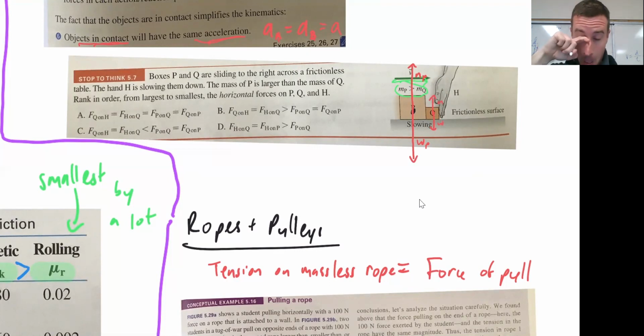Then I have the force of the hand on Q. The force of the hand on Q is going that way, right? It's slowing it down. And then I also have the force of P on Q. Let's use blue instead. The force of P on Q.